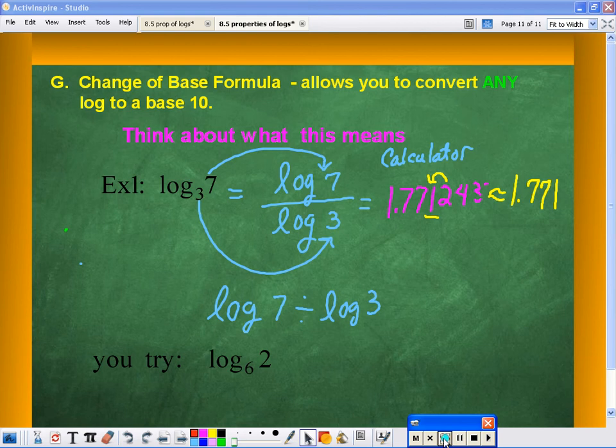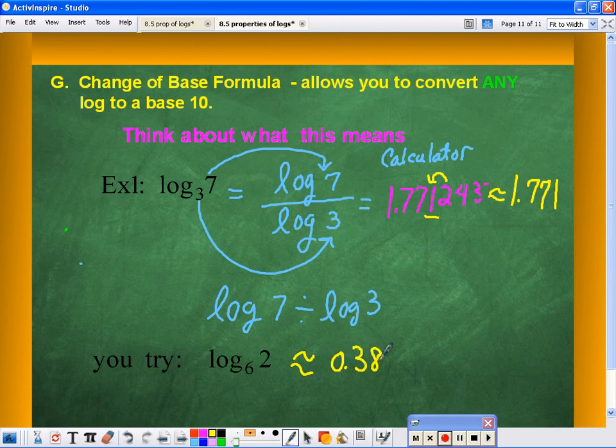So you went to your calculator after you separated it and you had a log 2 on top, log 6 on the bottom, and the answer is approximately 0.3868, which rounds to 0.387.